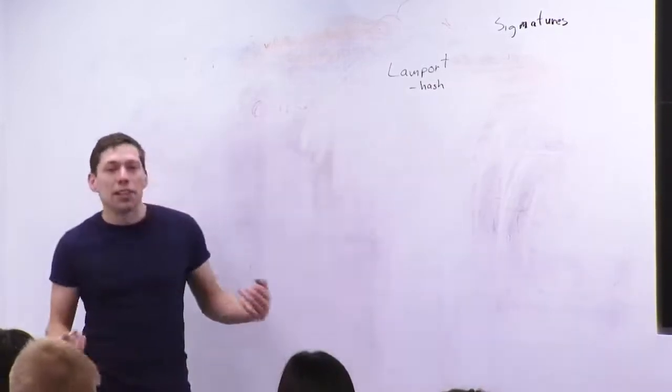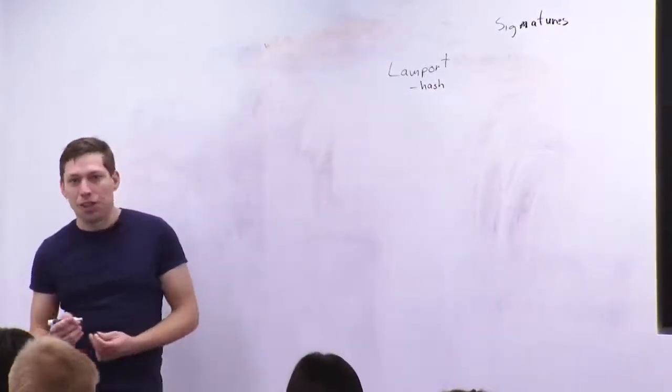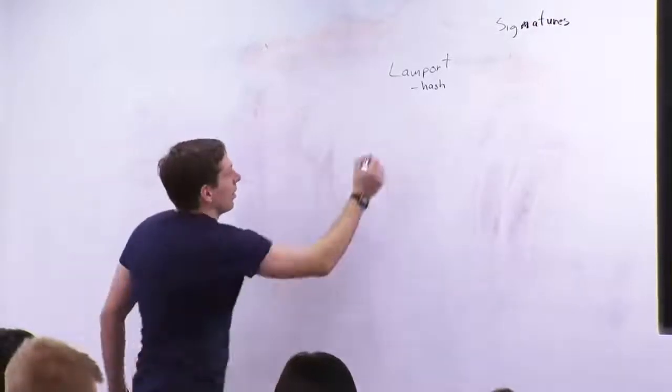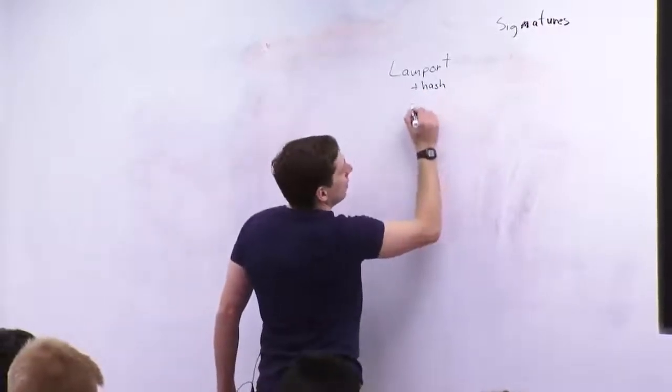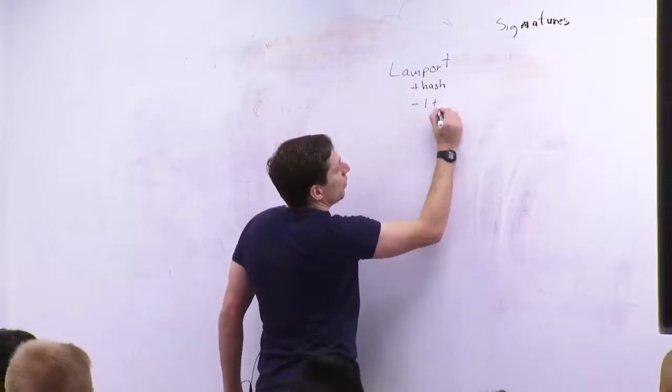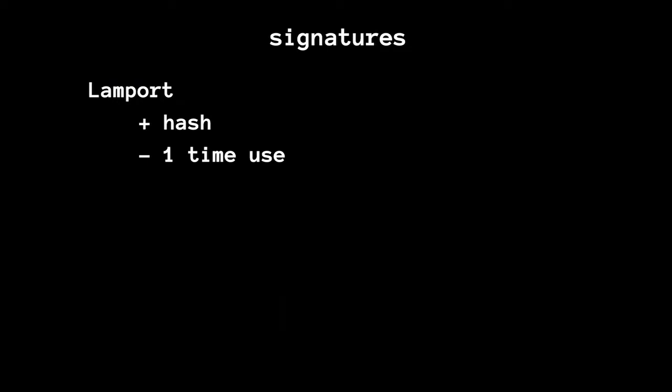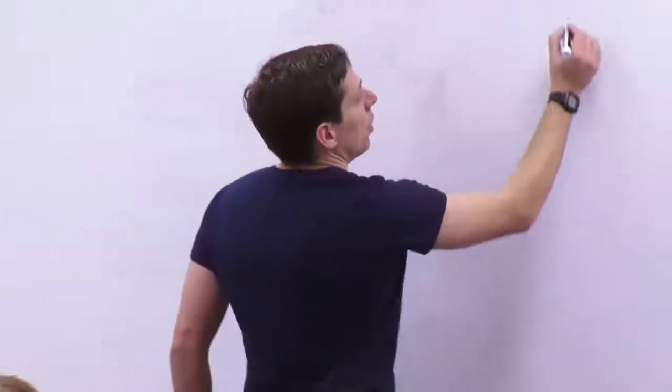What are some disadvantages of these Lamport signatures? Plus, it's hashes, that's cool. One-time use. Other possible disadvantages relative to other systems, if you're aware. Another is they're kind of huge.